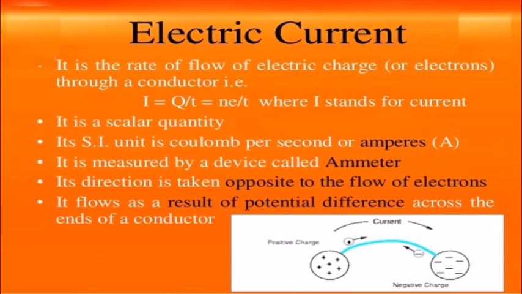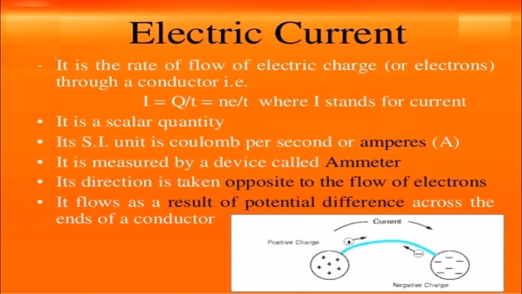If charge Q is flowing through the conductor in time T, then I is equal to Q upon T.